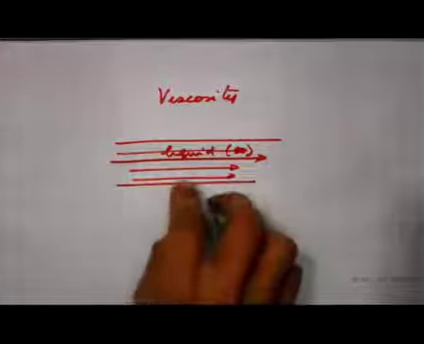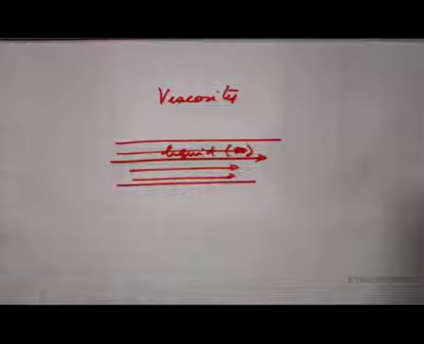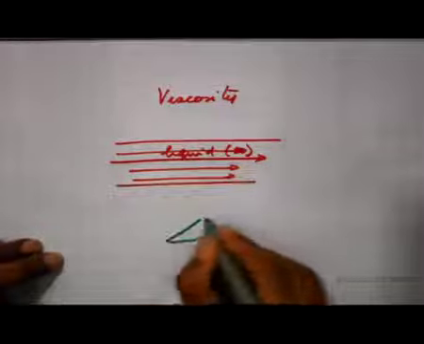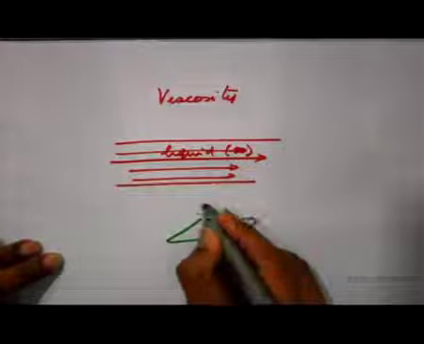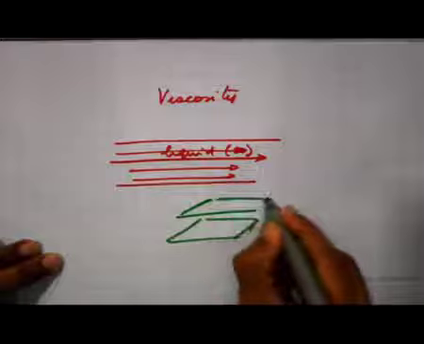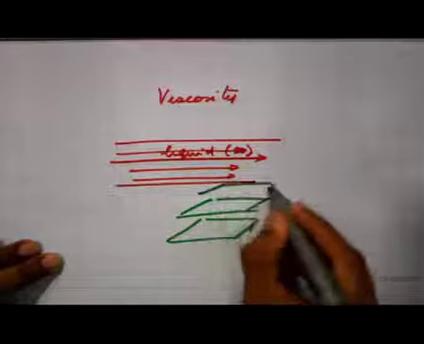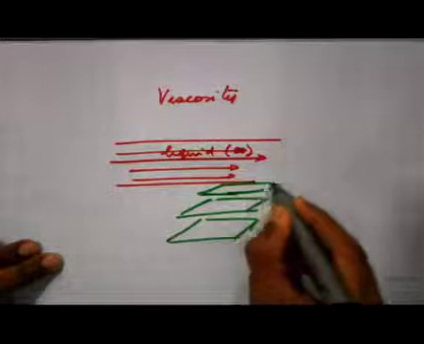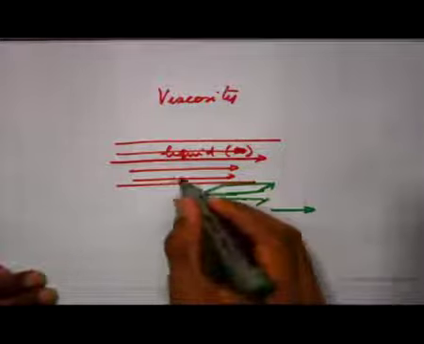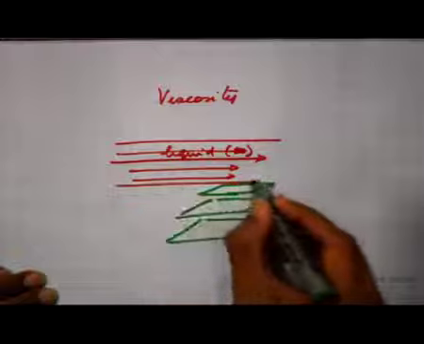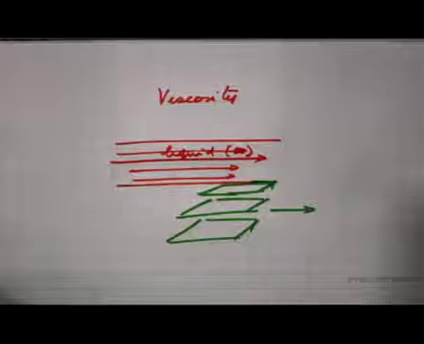Each one of these arrows I can represent as an area like this, and I have different planes. Each of these planes has molecules which are moving in this direction, and this is the boundary.